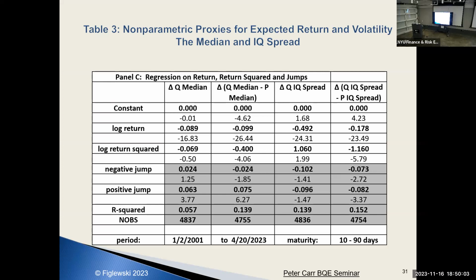What I find is that it doesn't necessarily behave the way you would expect it to. So if return squared is a big return, the Q median goes down relative to the P.